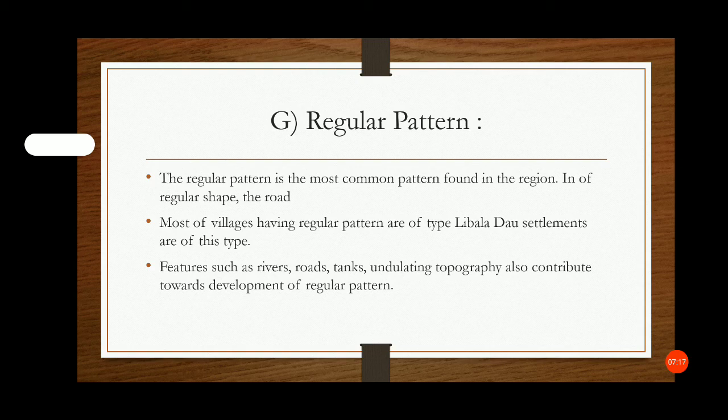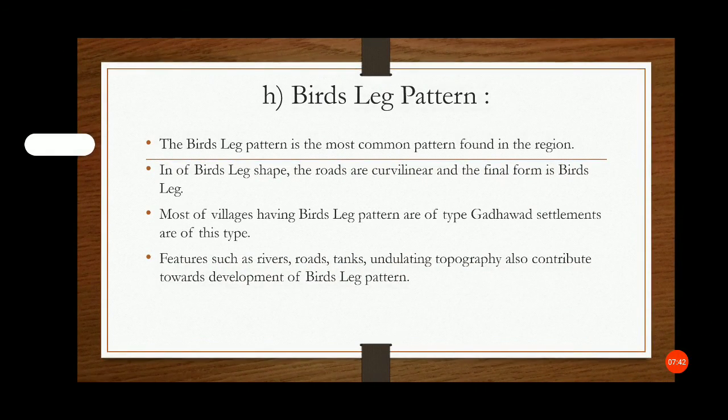Libala Dau settlements are of this type. Features such as river, road, tank, and undulating topography also contribute towards the development of a regular pattern. In the Sahyadri mountains, there are also some important rural settlements with this pattern.